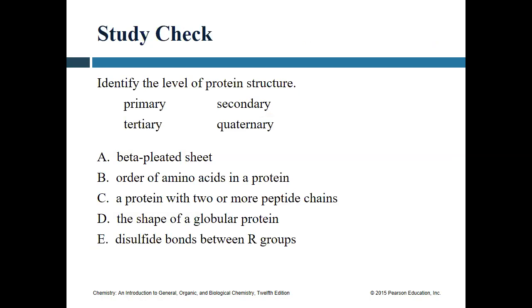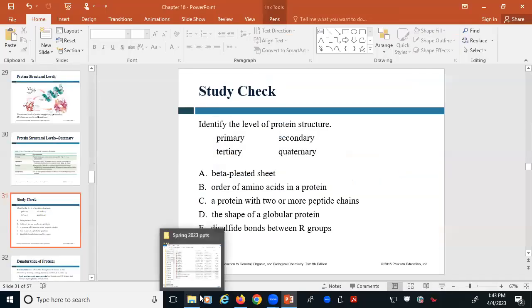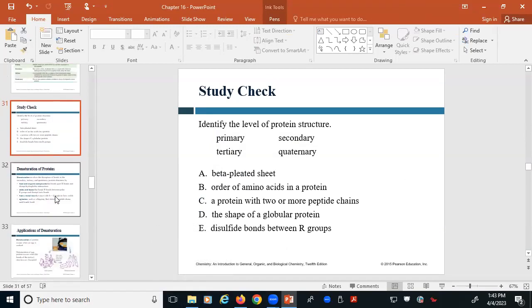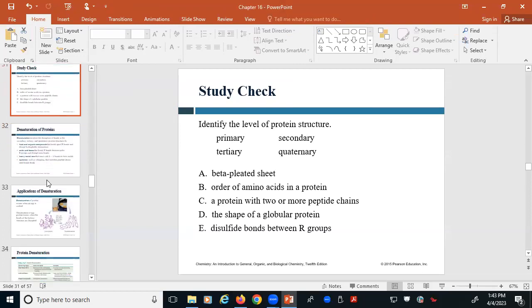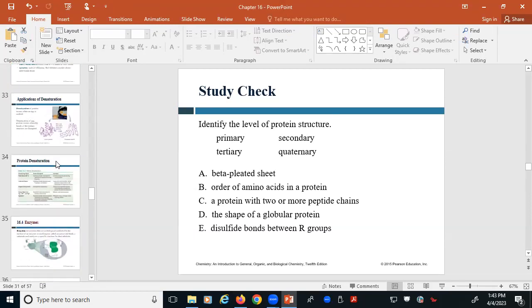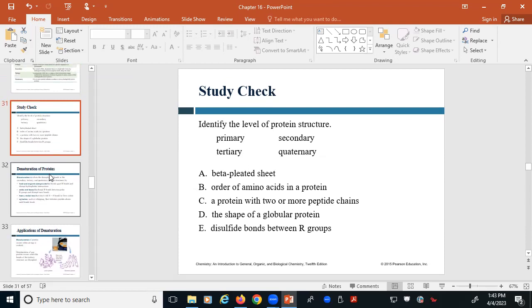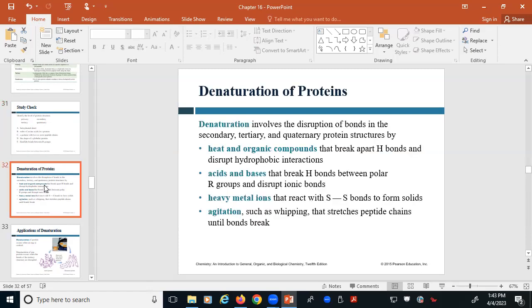And so that's where we're going to stop for today. There are a couple more slides here about denaturation before we get into enzymes. And honestly, if you came across a question of that kind in the post lecture, it's pretty easy and straightforward to see just from the slides what the effects would be.